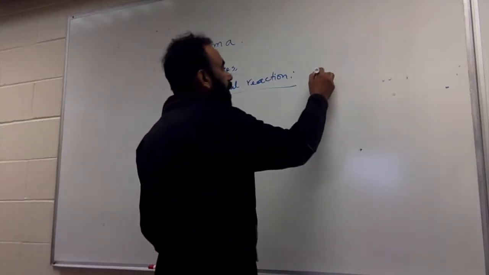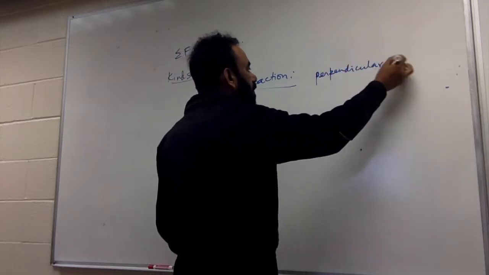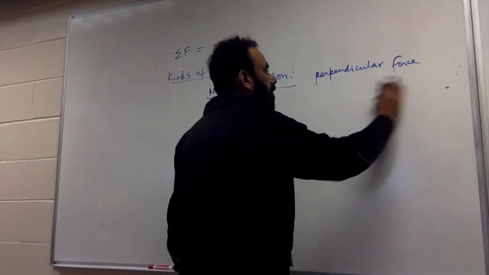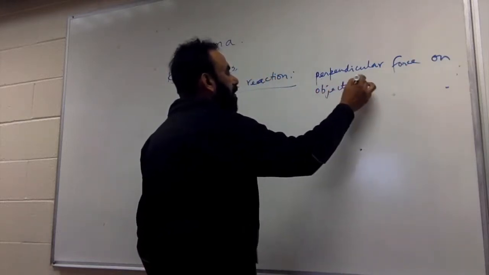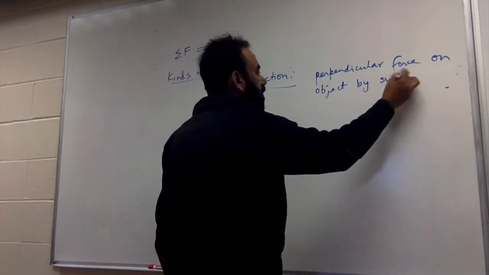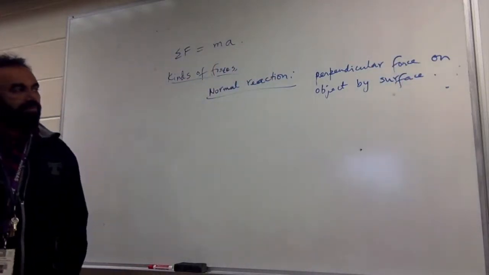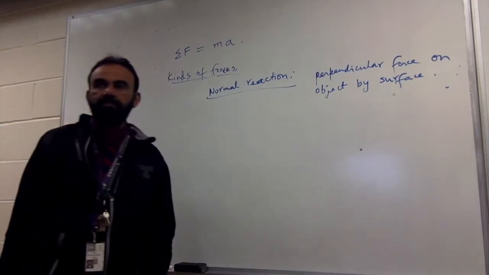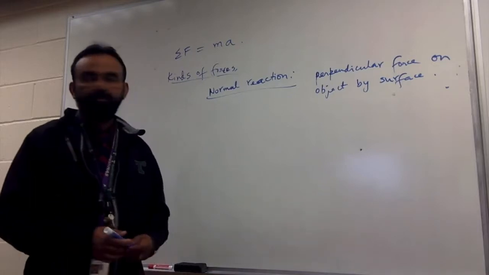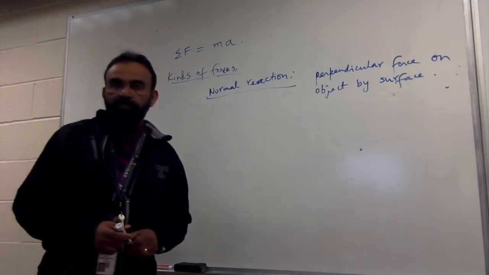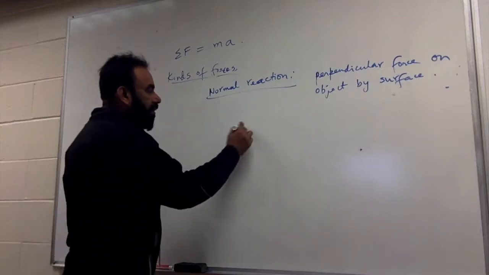So it's a perpendicular force on an object by a surface. That is called normal reaction. It's a perpendicular force offered by the surface on the object. That's called normal reaction.